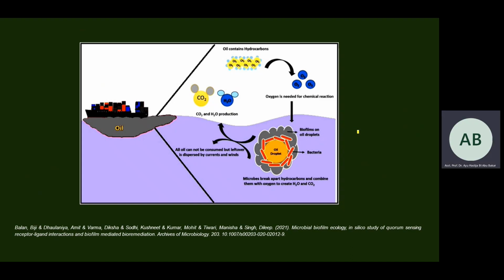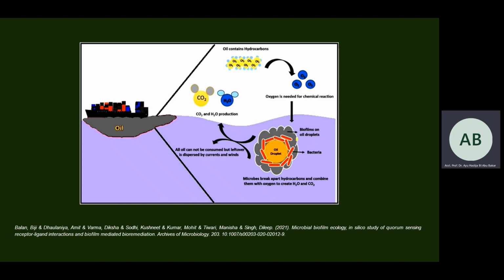Okay, this is, for example, oil spill in the ocean from these journals. Okay, here we have the oil. Okay, for example, this is the concept. The oil droplets, then it formed the biofilm on the oil droplets. Bacteria will degrade the oil droplets over here.